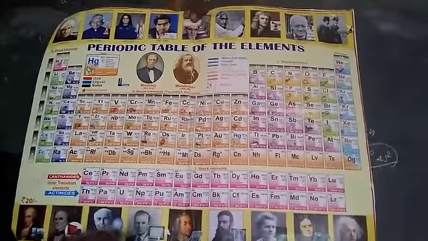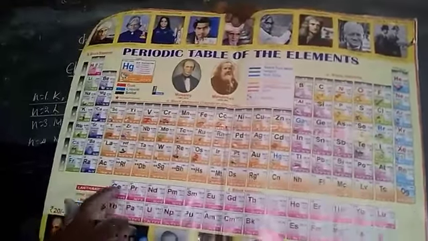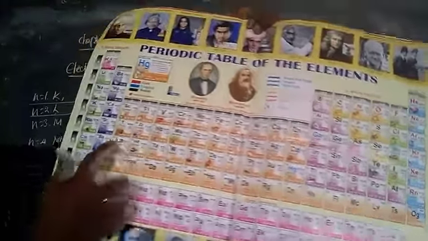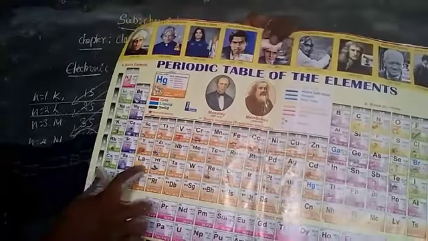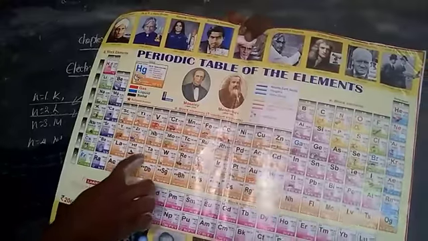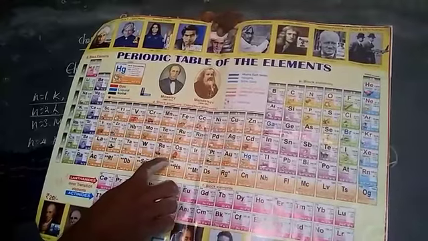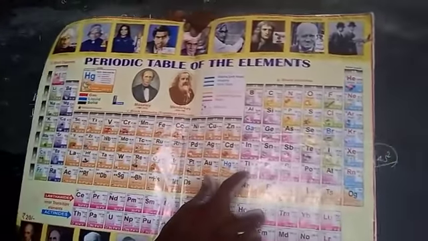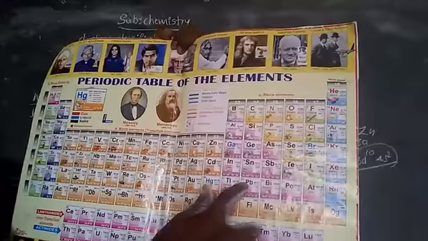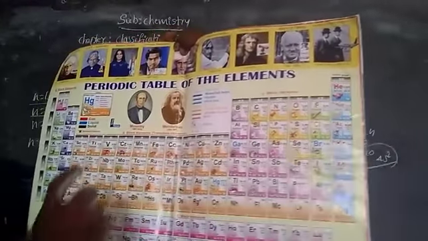Then after filling these up to lutetium, from cesium to lutetium, we are moving to lanthanum. Lanthanum, hafnium, tantalum, tungsten and rhenium, all these elements are completely filled. Then we move separately to thallium, lead, bismuth, polonium, astatine and radon.